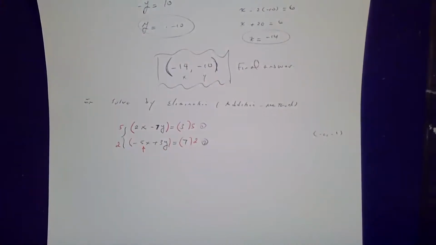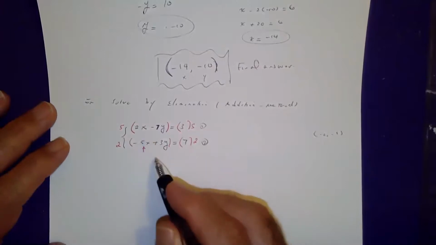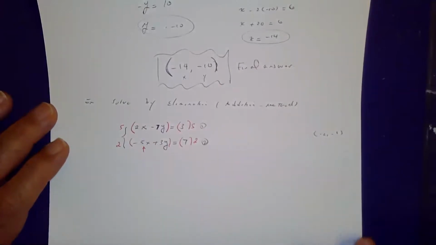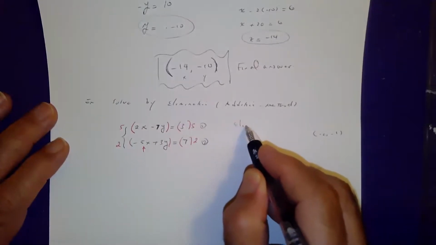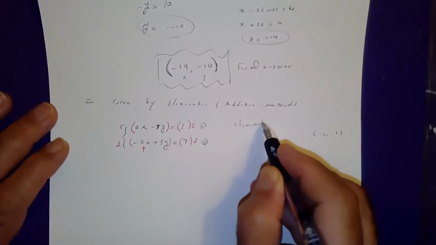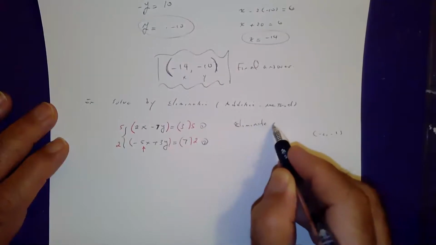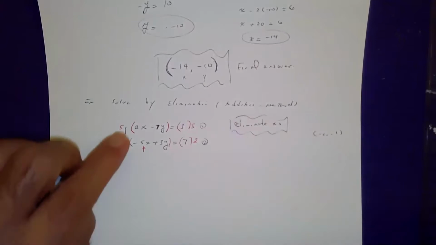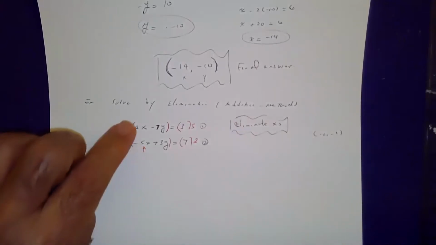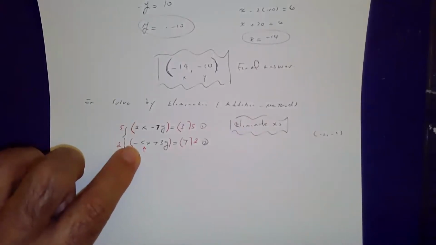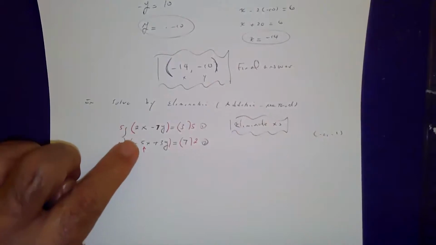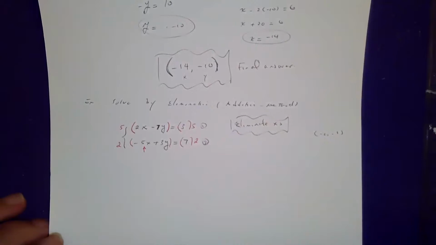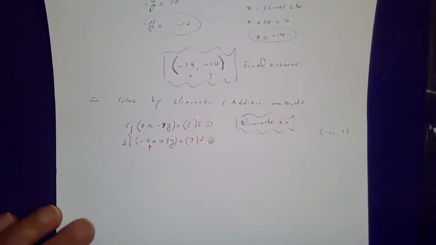So you have to decide which variable you like to eliminate, then go from there. I decided to eliminate, it was just a preference, eliminate x's. So that's what I did. I multiplied the top equation by this coefficient, the bottom equation by that coefficient, but make sure they end up with opposite signs, otherwise they won't get canceled.